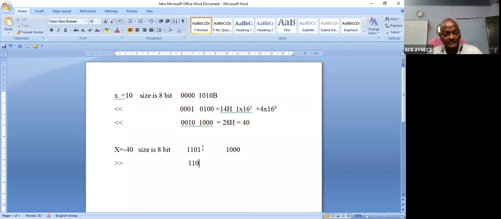The sign should not be changed, so the number is 1. And this comes to this position, and 0 comes to this position, and again this 1 comes to this position. And this 0 comes to this position, and 0 comes to this position.